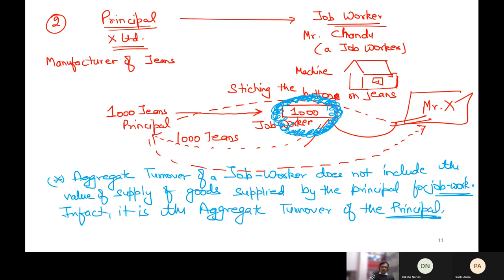This is the point. Whenever any job worker has done any work on goods supplied by the principal only for job work, then the value of those goods will not be included in the aggregate turnover of the job worker. It is still the aggregate turnover of the principal. This is the next point which I wanted to make.